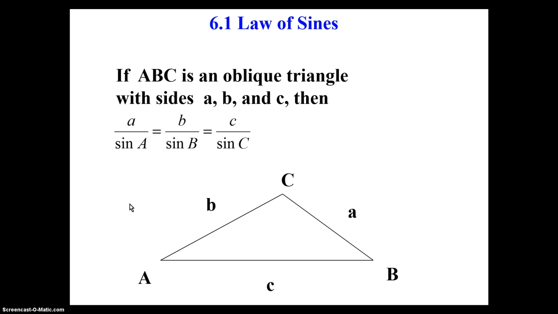First of all, a triangle has how many sides? 3, correct. And all triangles add up to equal how many degrees? 180, correct.